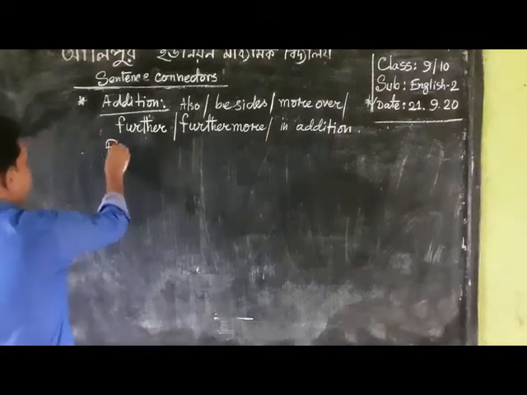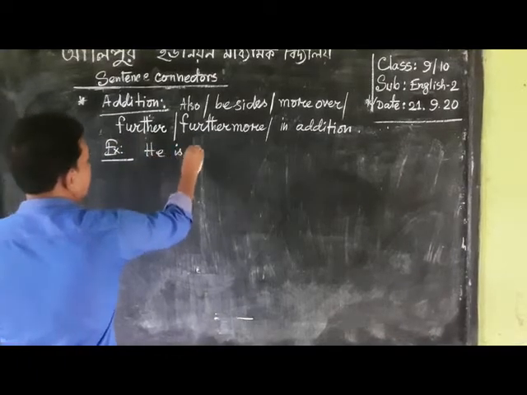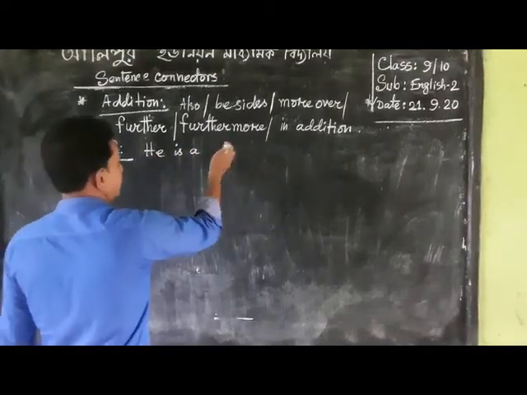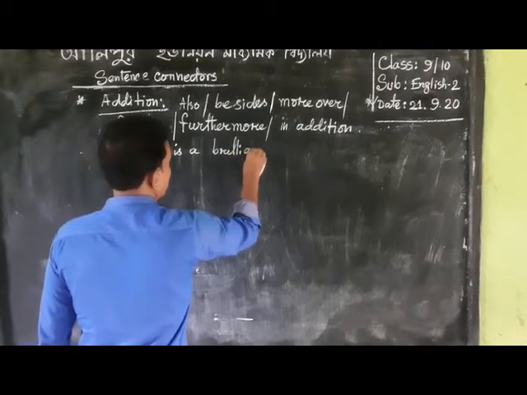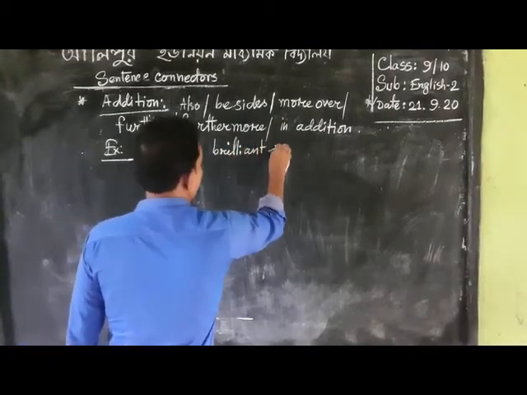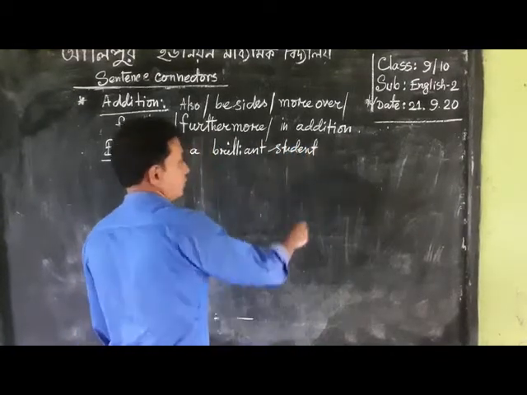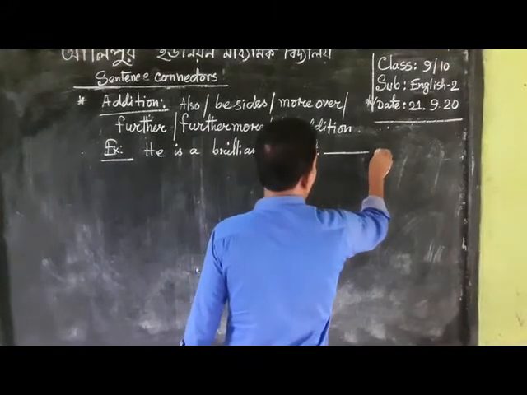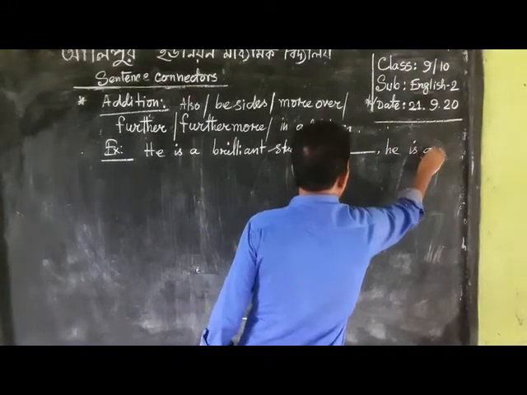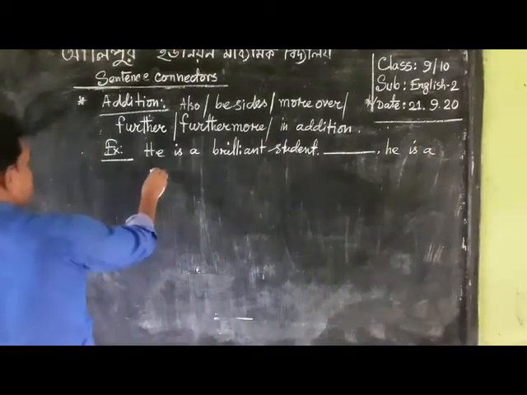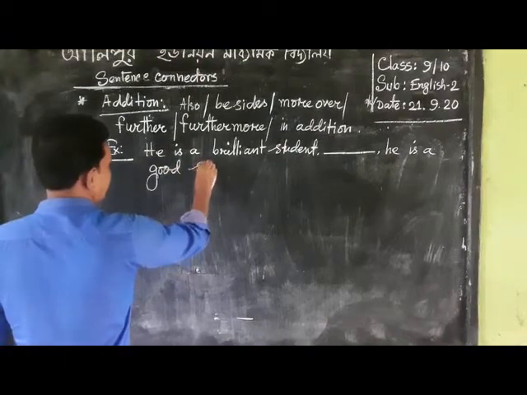Such as, he is a brilliant student. Blank. He is a good singer.